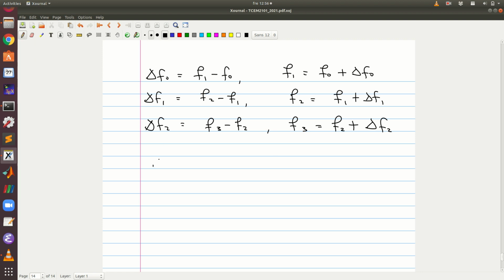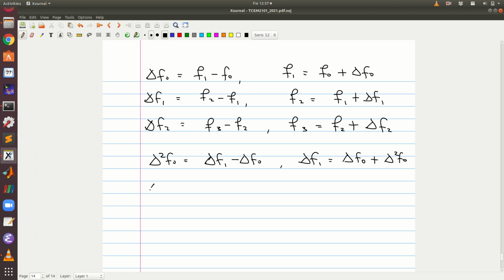Now we can write the second forward difference at f0 as the forward difference at f1 minus the forward difference at f0, and then we can make the forward difference at f1 the subject as the forward difference at f0 plus the second forward difference at f0.